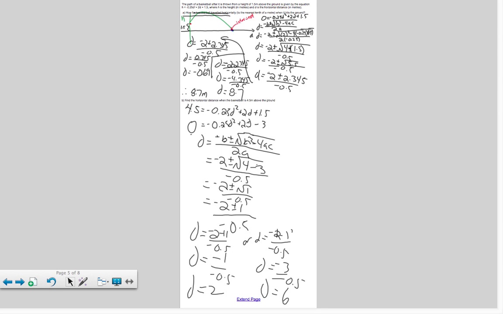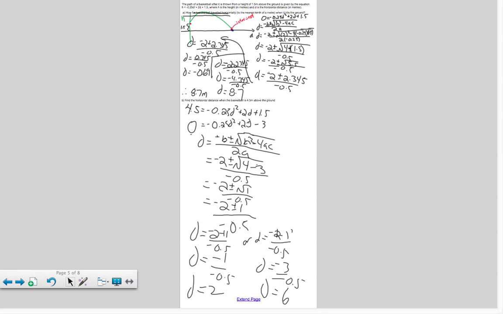So what that means is that it hits 4.5 meters as the ball is going up, and as it's falling down, it hits 4.5 meters coming down. So how far is it away from the person shooting the ball? Yeah, 6 meters away.